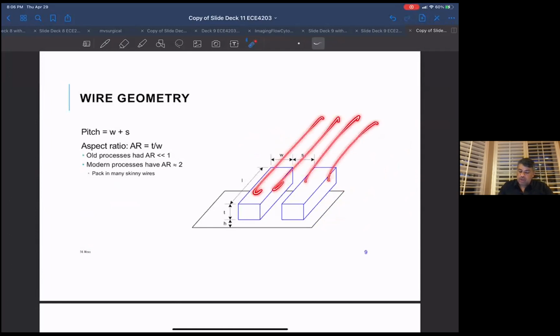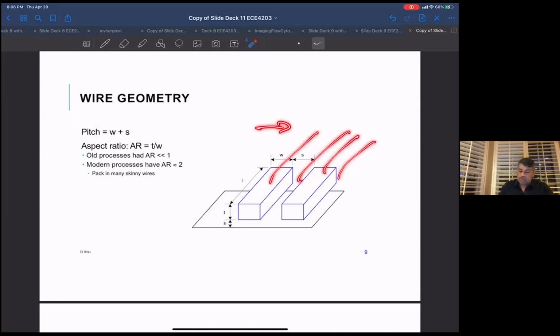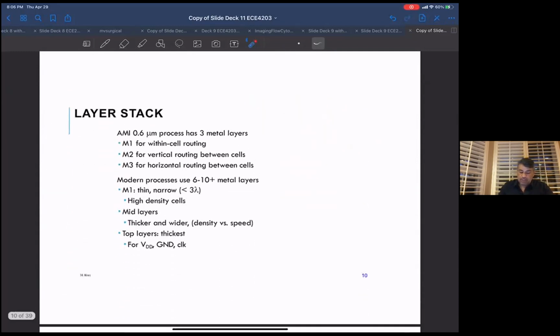So this pitch idea is the width that you're going to use for your line plus the separation between the lines, which says how many lines you can fit across a certain routing channel that you're allowed.